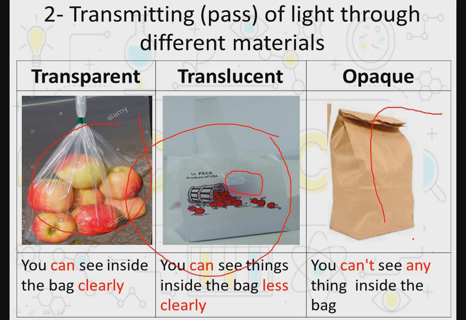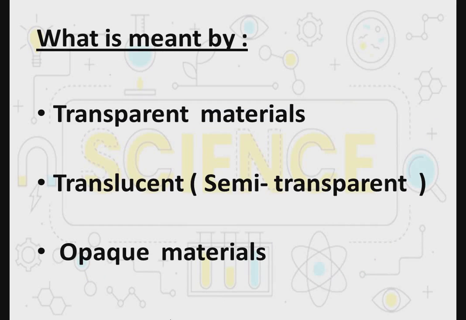The third bag is made of carton, and you can't see if there is something inside the bag or not. This type is called opaque objects. So, what is meant by transparent, translucent, and opaque materials?